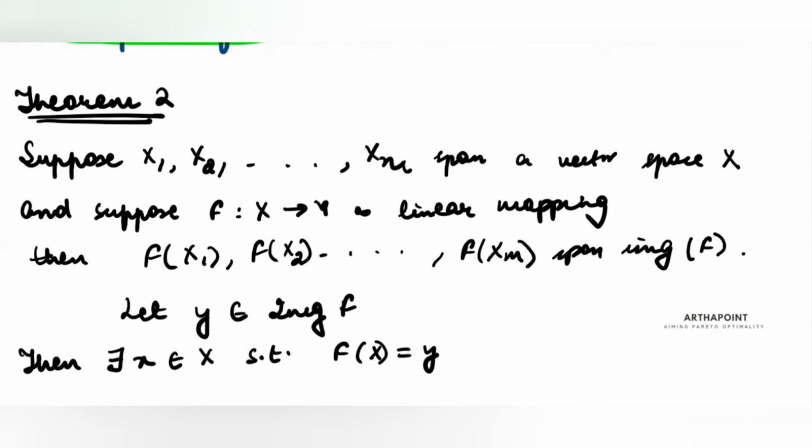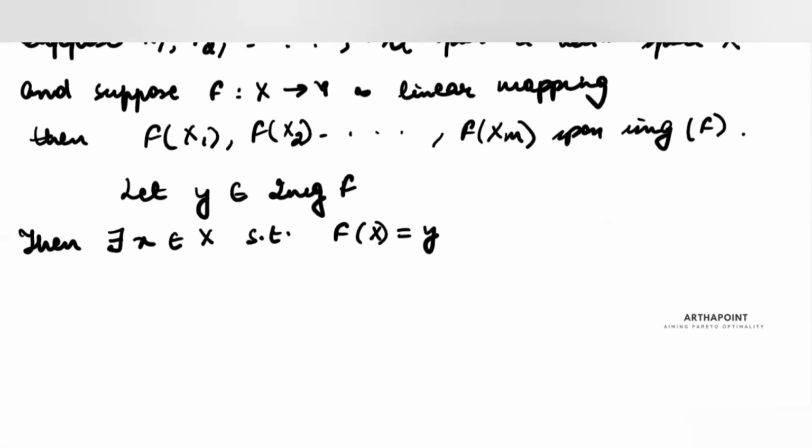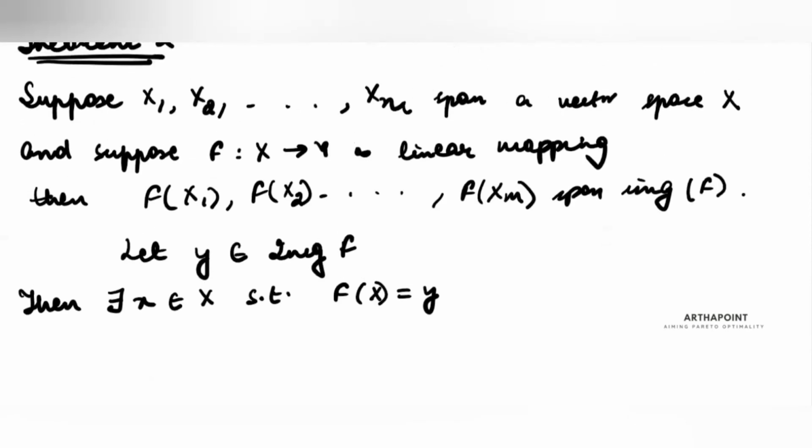Now this is very simple. You may think it is difficult, but it is very, very simple. Please try and understand this. See, what am I saying? I have x's that span vector space x. If they're spanning vector space x, it means these x's together give you different linear combinations.